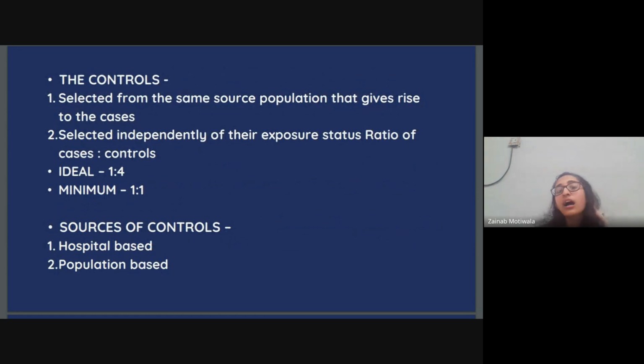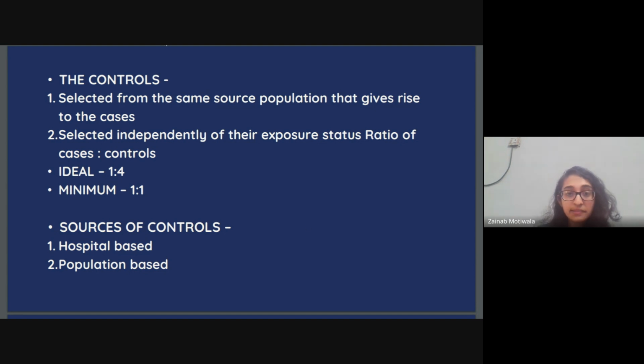Now, regarding selecting the controls, as I mentioned, one of the criteria is to select from the same source population where the cases have come from.